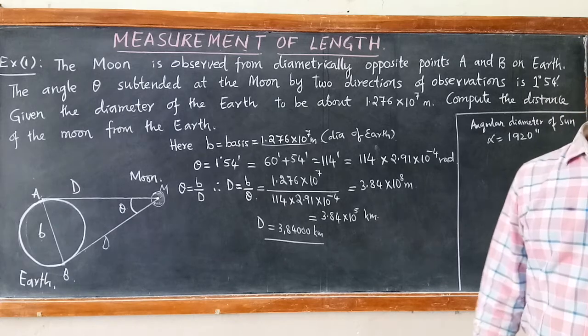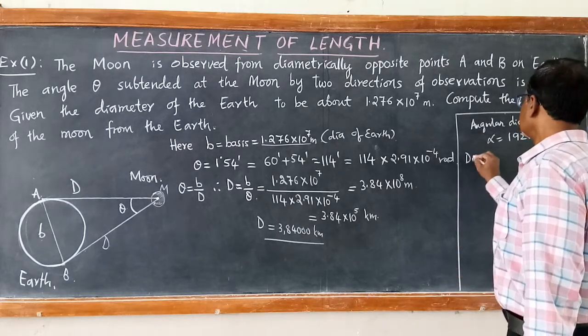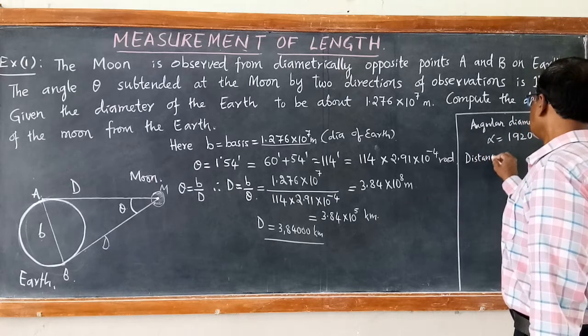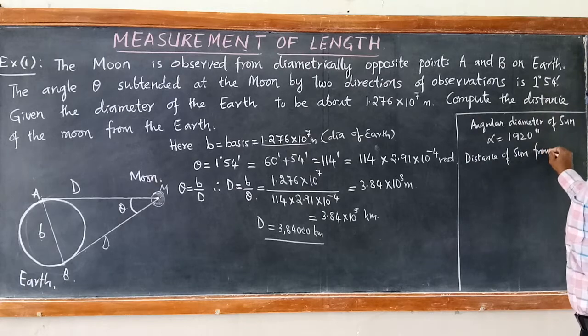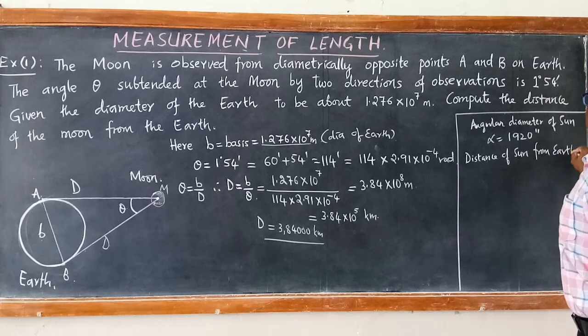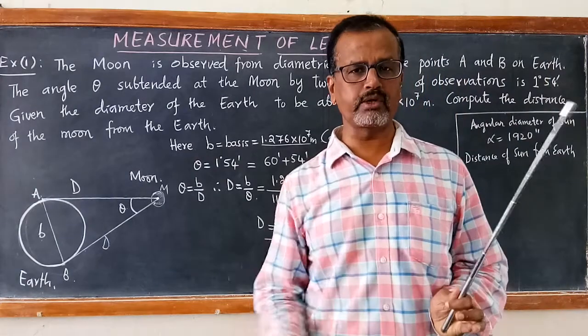And the distance of sun from the earth is given. You know, it is 15 crore kilometers. Roughly we remember 15 crore kilometers.